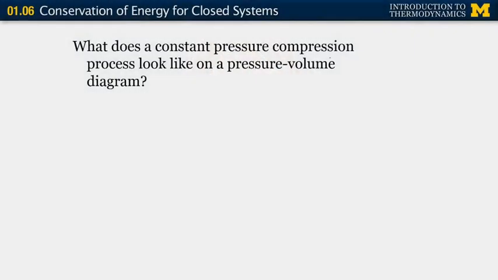I want you to sketch for me on a pressure volume diagram what a constant pressure compression process would look like. Just pick some arbitrary state 1, and draw for me a compression process to state 2 using a constant pressure path. And that's where we'll start next time.